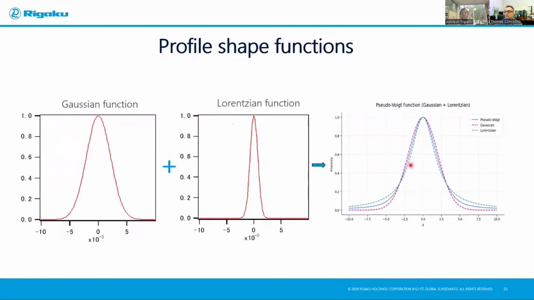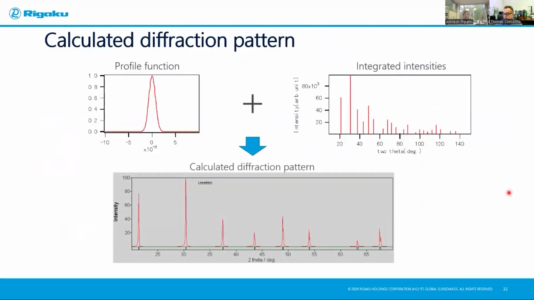You can see in this picture, I'm trying to show the pseudo-Voigt function, which is a mix of Gaussian plus Lorentzian function. So now you had these lines coming from integrated intensities, the structure factor, and you have shapes. So you have now peaks, profiles.